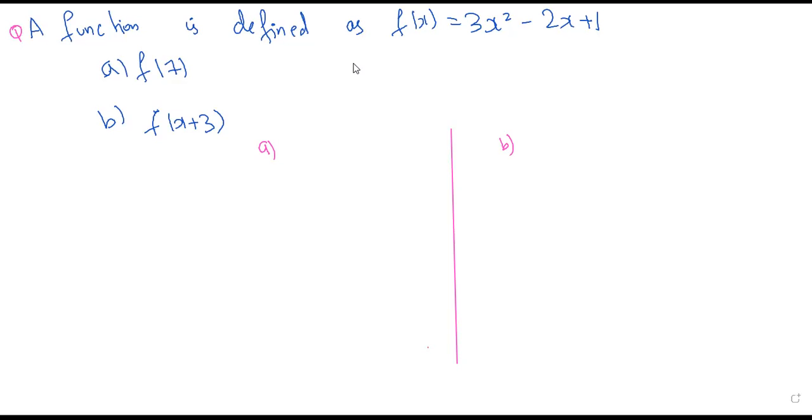Let's do it. First part is correct. The second one is a bit different than the answer. So f of 7 is this.